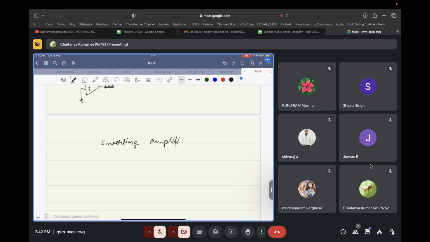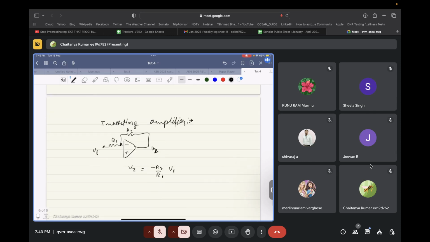In this inverting amplifier, if you had, let's say, R1 and R2, let's call this V1, let's call this V2. So V2 would be equal to -R2 by R1 times V1. Now if both the feedback resistance and the input resistance are equal, R2 and R1 will cancel out, and you will get V2 as equal to minus V1.